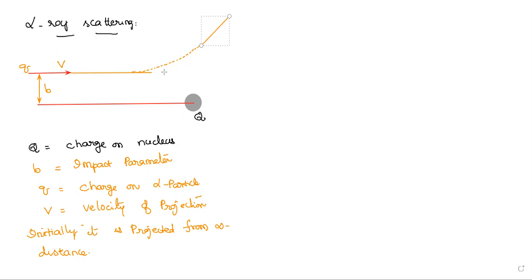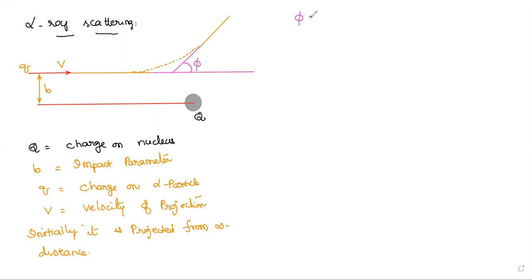Here, if you see, this is the initial direction of projection, and finally it went like this. If I take the tangent there, you can find through how much angle it is finally deviated. That final deviation is represented, suppose, with the letter phi.